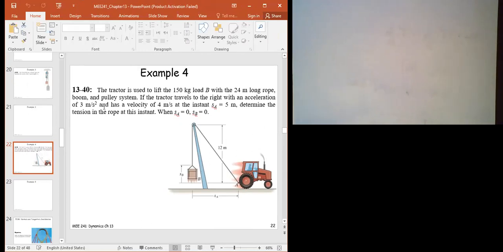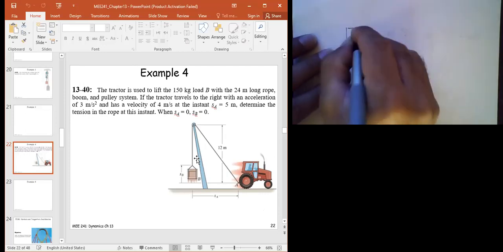Okay, example 4. We have a tractor that is used to lift this 150 kilogram payload, and the rope length is 24 meters. The tractor is traveling to the right with an acceleration of 3 meters per second squared, it has a velocity of 4 meters per second, and SA is 5. We have to find the tension in the cable. How can we do that?